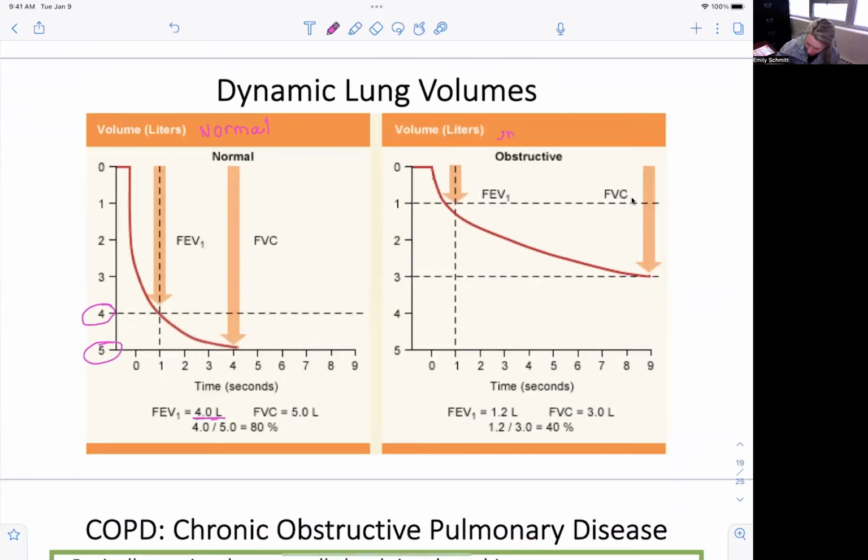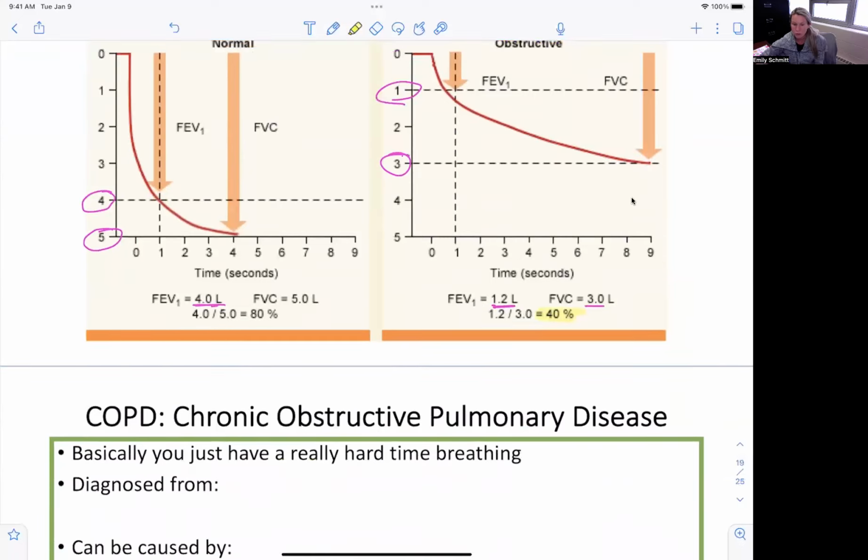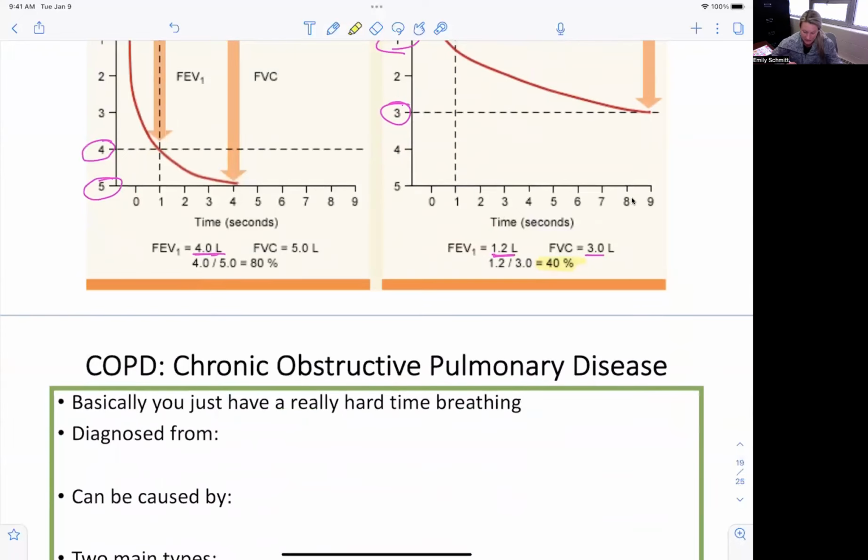Now, if we have an unhealthy or obstructed lung, our FEV is at 1.2, and our FVC is at 3. So 1.2 divided by 3.0 is only a 40% capacity, which is indicative of something like COPD, or chronic obstructive pulmonary disease.